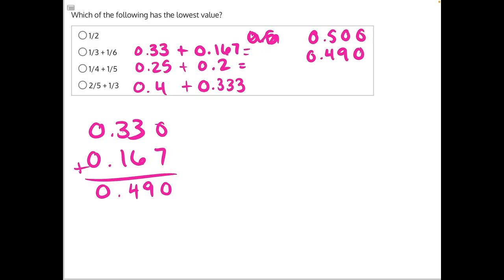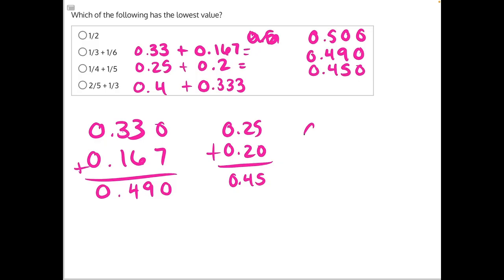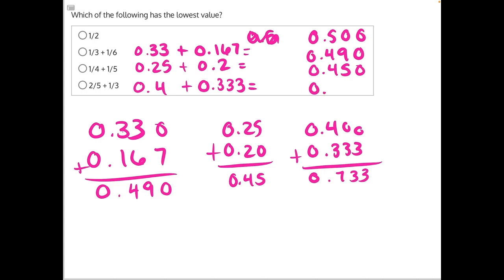For this next one, 0.25 plus 0.2 would just give us 0.45. And then 0.4 for our last one plus 0.333 repeating, we'd have 0.733. Whoops, we're not adding those, we're just comparing them.